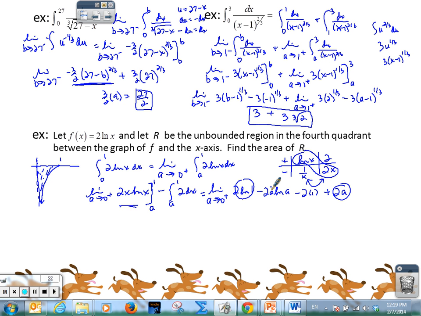We have two ways to think about this. One is using the algebraic techniques that we learned several months ago. Remember the indeterminate forms? What do we do when we have like 0 times an infinity? What do we do?